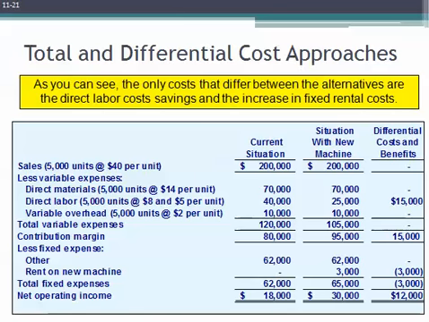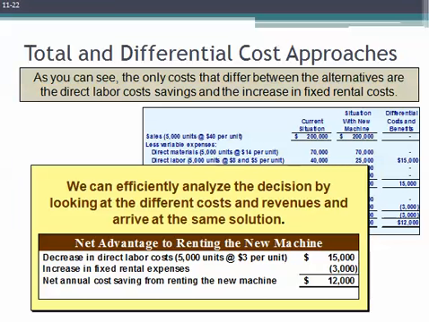From a relevant cost perspective, you can see the only costs that differ between the alternatives are the direct labor cost savings of $15,000 and the cost of renting the machine, which is $3,000. So rather than doing a side-by-side total cost and benefit comparison, we can more efficiently analyze our decision by focusing only on the relevant cost, that is the differential cost and revenues associated with renting the machine.